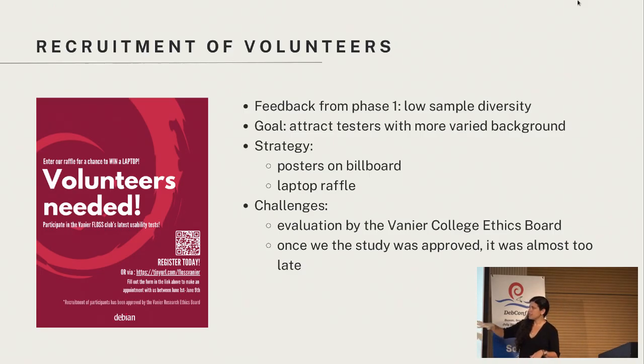That caused the study, when they finally approved, to be almost too late. We were already at the end of the semester, and we had to run the study actually in the last week of exams and vacations. So it was not ideal in terms of recruitment. For the next time, we plan to do better.